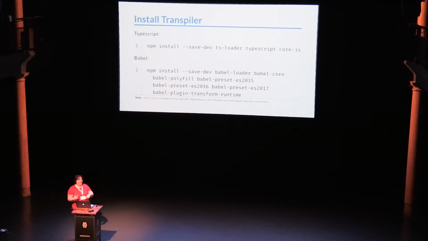And Babel looks scary here, but it really isn't. It's just that you have to be explicit about every preset. So there's 2015 for ES 2015 support, 2016, 2017. If you're not using a certain language feature, you can omit it, which is nice on Babel's side, whereas TypeScript doesn't necessarily give you that option in your install. You might be wondering about Core.js. You do tend to require a polyfilled runtime, and that's what Core.js is doing.